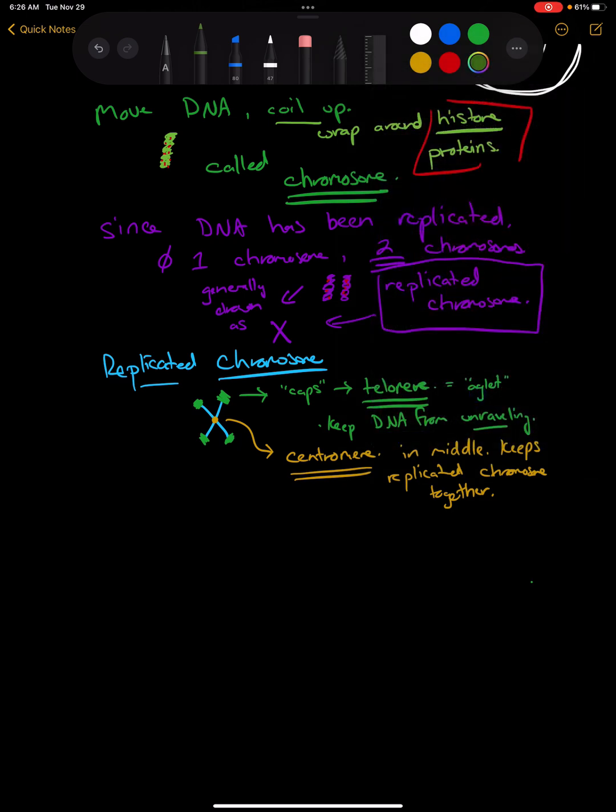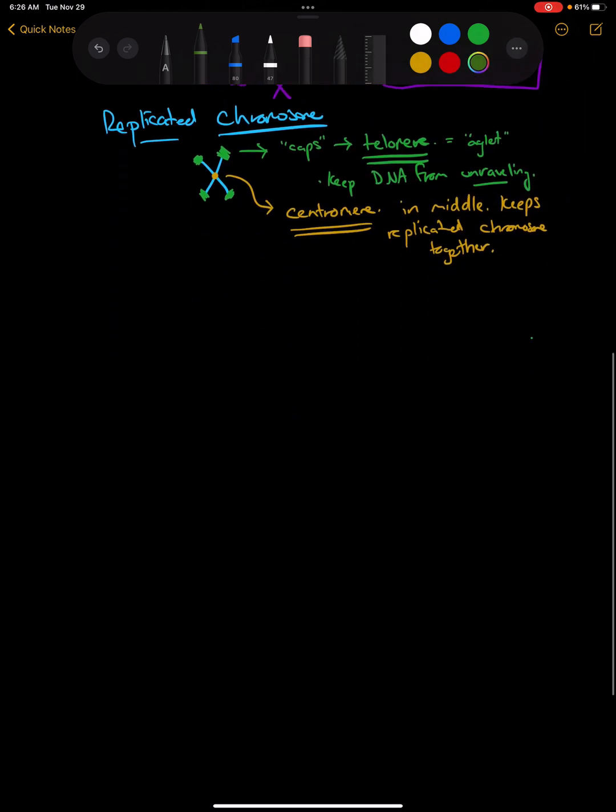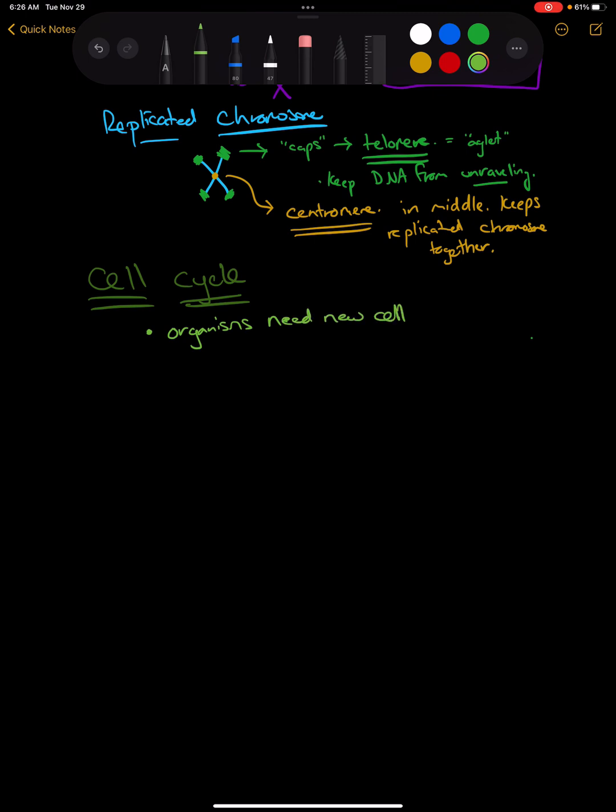So let's talk about the cell cycle. If we think about it, a cell cycle is a lot like a life cycle, right? It's just the thing that your cells are going to go through. And so with my cell cycle, what we have to think about is that organisms need new cells, okay?